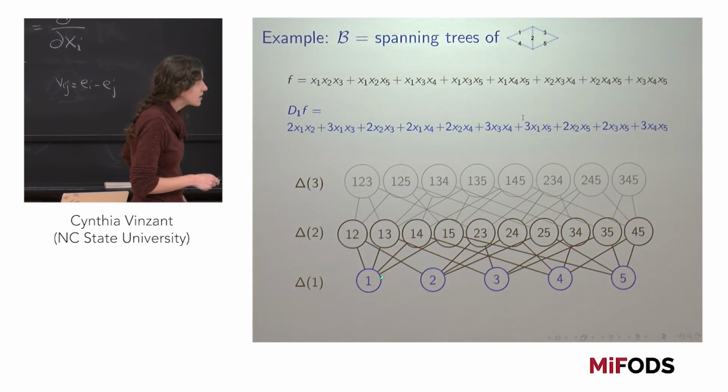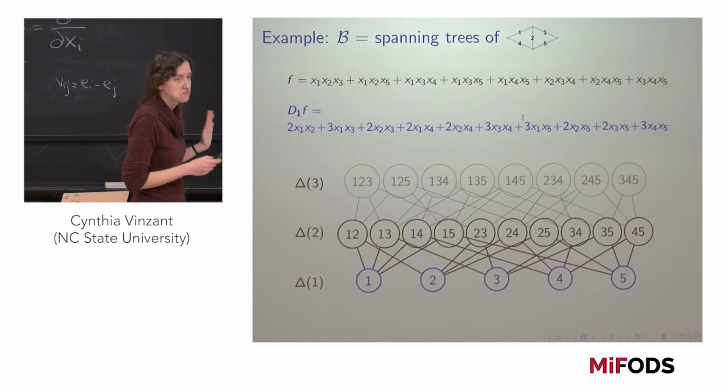And in particular, one of the combinatorial conditions that I wrote down before is that if I think of this as a graph on just 1 through 5, where I connect 2 things if I can get between them by going up and then going down, this graph is connected. That was one of the combinatorial conditions.